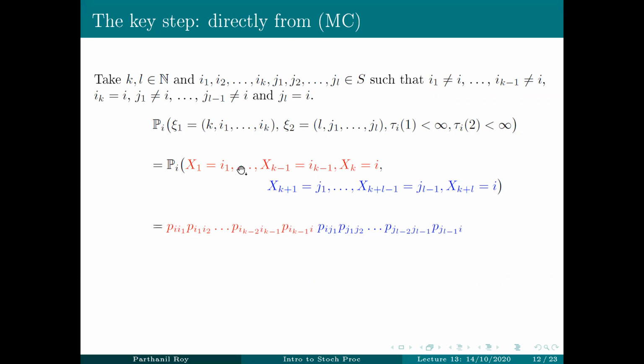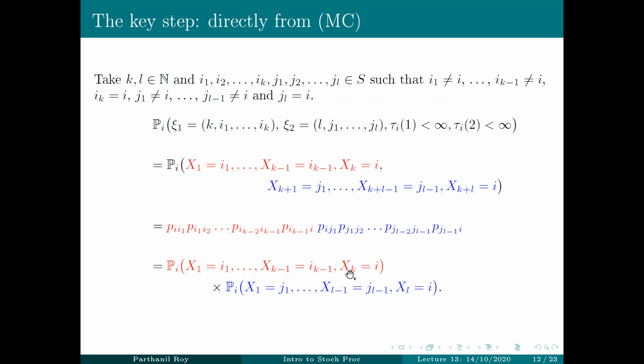This part is coming from this red part, the red part here is coming from this red part of the event, and this blue quantity is coming from this blue part of the event here. Now interestingly, this would be equal to this probability times this probability, which is what we have to show. The product of these red probabilities is equal to the joint probability X1 equal to i1, all the way up to X_{k-1} equal to i_{k-1}, times X_k equal to i.